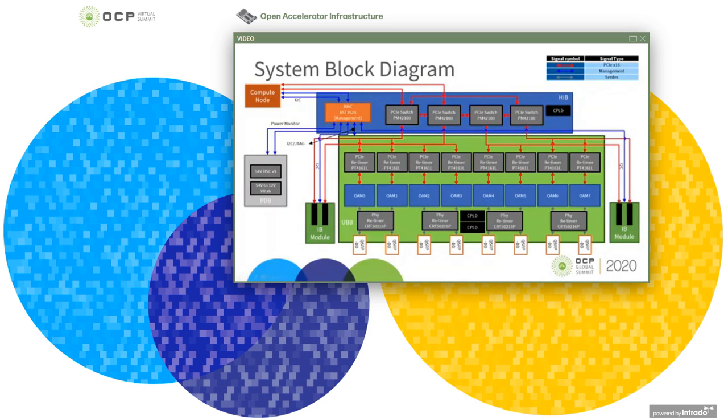Okay, as I said, I will show you the block diagram later. Now is the time. You can see that the connection between host and OAI system is PCIe x32. And there are 4 PCIe Gen 4 switches on our HIB, up to 100 lanes for each switch.